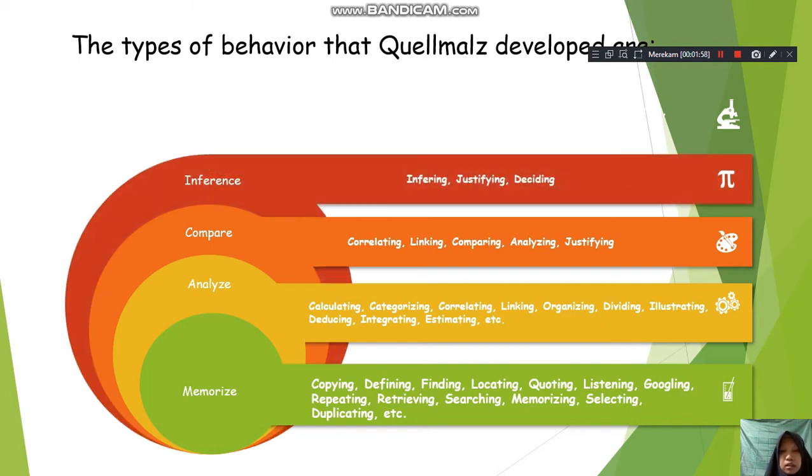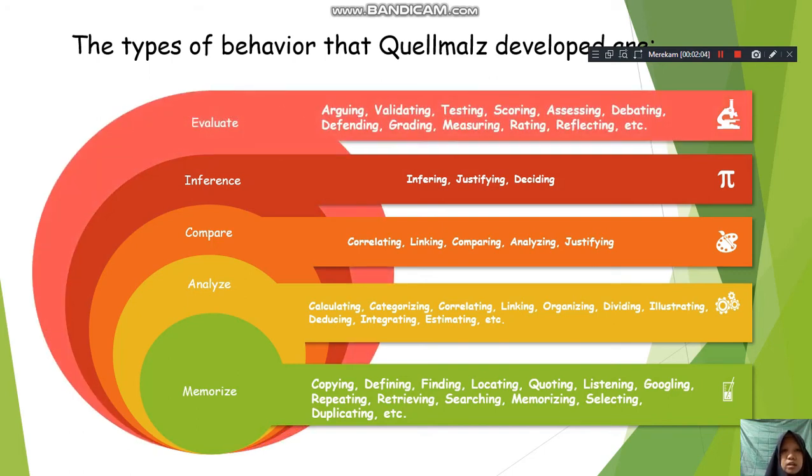Inference, such as inferring, justifying, and deciding. Evaluate, such as arguing, validating, testing, scoring, assessing, debating, defining, grading, measuring, rating, reflecting, and etc.